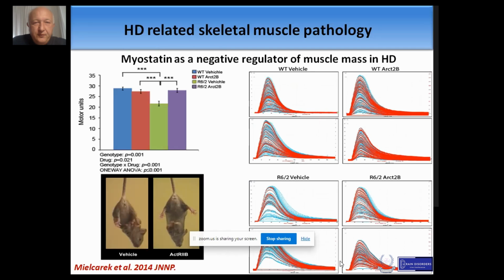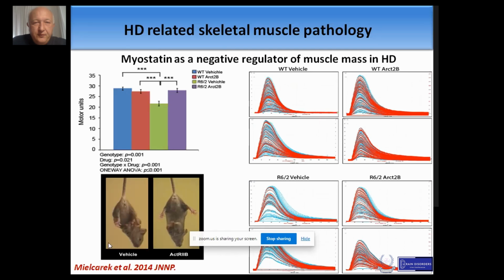If you knock down myostatin in normal animals, you increase muscle mass and muscle function, likely leading to muscle hypertrophy. By applying the activin receptor and depleting myostatin function in vivo, we were able to restore the motor units almost to the wild type level.